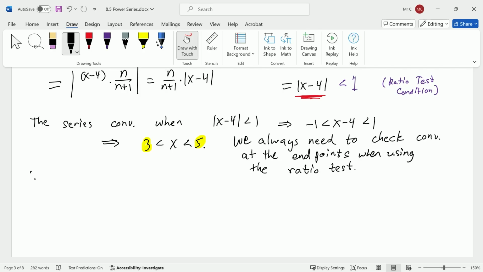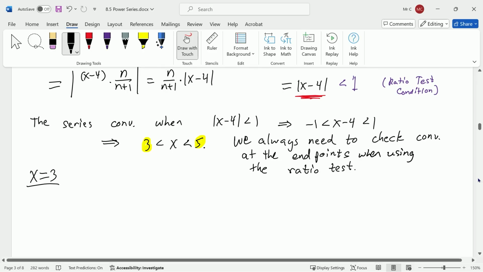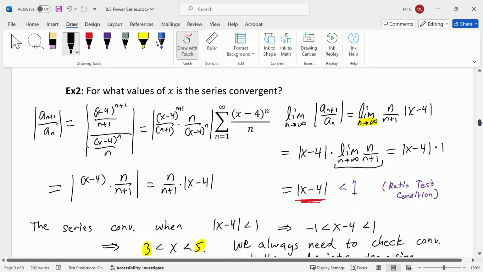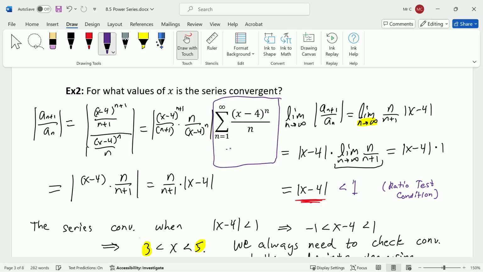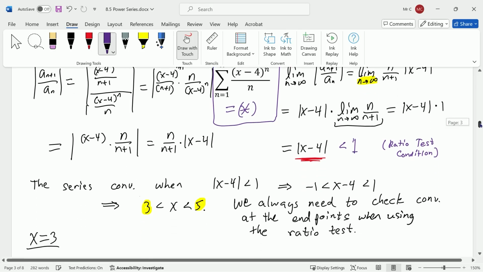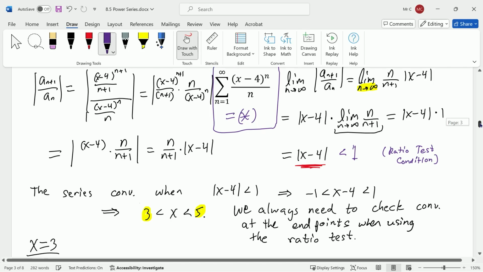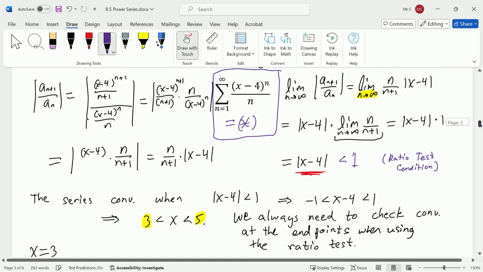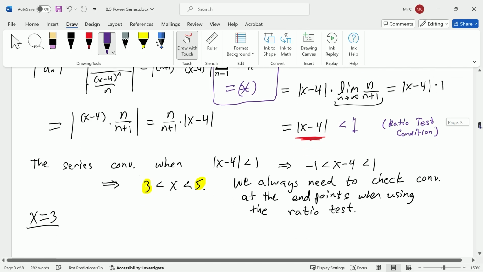So what we're going to do is take x equal to 3 and plug it back into the series. If we go up here, I'll put a little box around the series. I'm going to call the whole series star, since I'm going to have to rewrite it once or twice. So star is the series of (x minus 4) to the n over n.